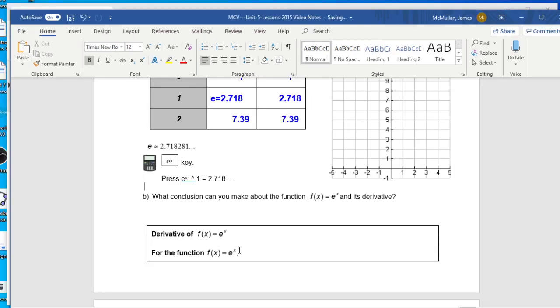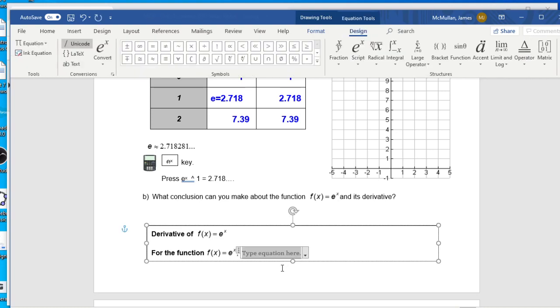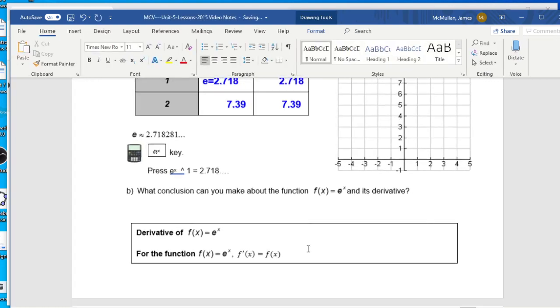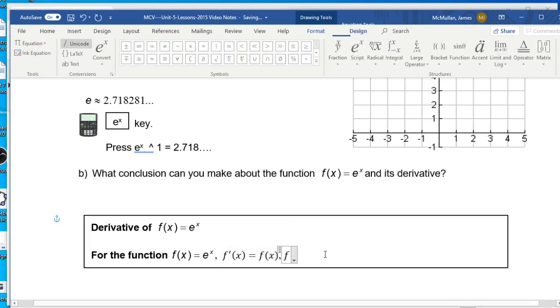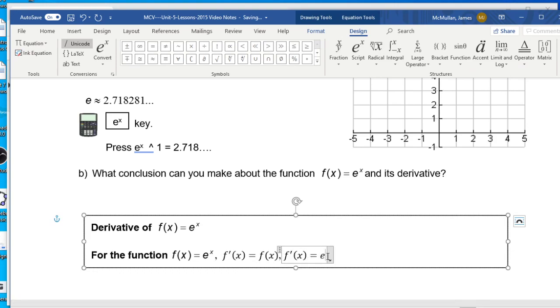Okay, so for the function e to the x, it has this really important property: f prime of x equals f of x. Okay, that is to say, f prime is also equal to e to the power of x.